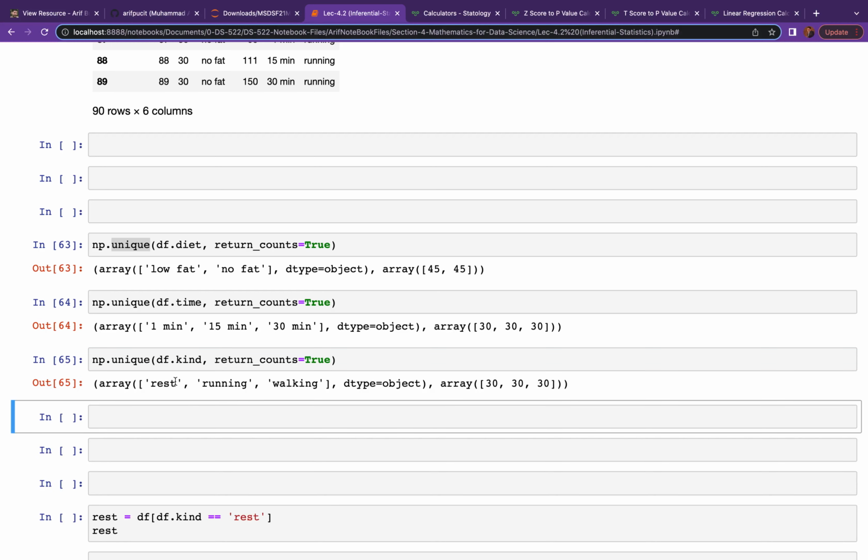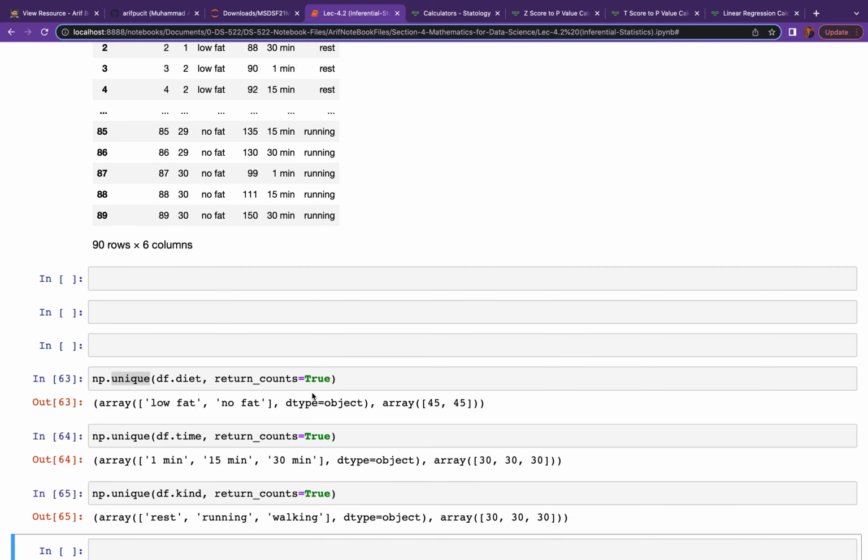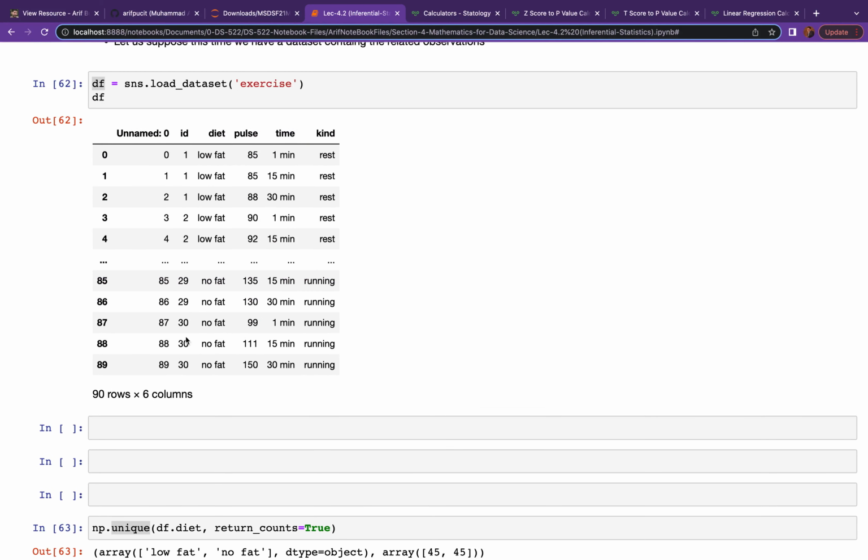Under the kind, I have 3 values: rest, running, and walking, 30 each. So now let me describe this dataset. This is a data frame that contains pulse readings after 1 minute, 15 minute, and 30 minutes of resting, running, and walking.